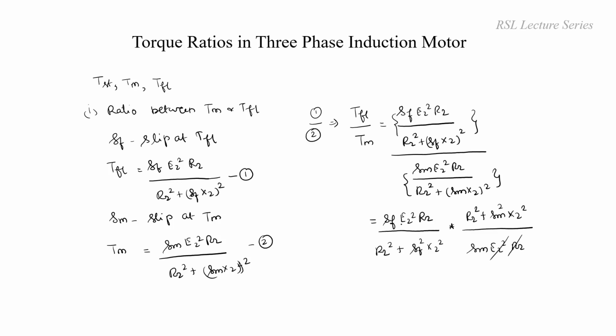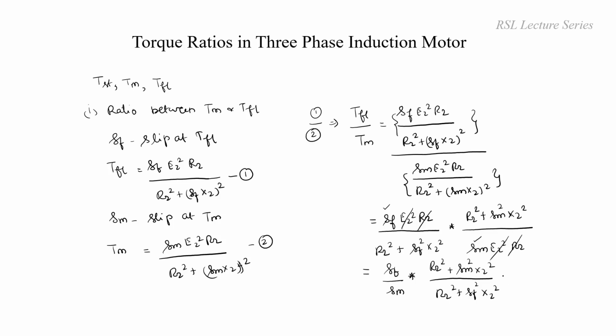This E2 square and R2 will get cancelled. The remaining terms will be SF divided by Sm, multiplied by the remaining terms: R2 square plus Sm square X2 square divided by R2 square plus SF square X2 square.